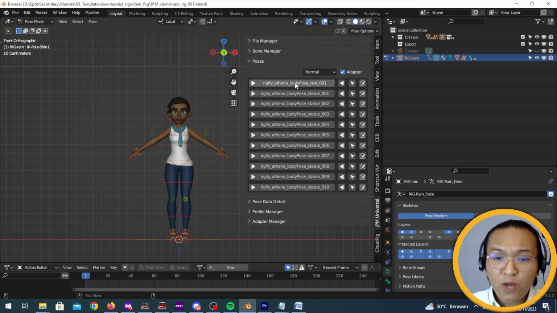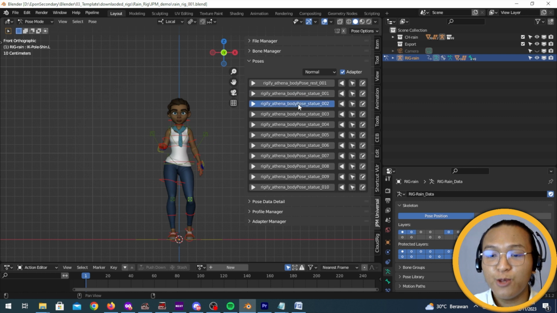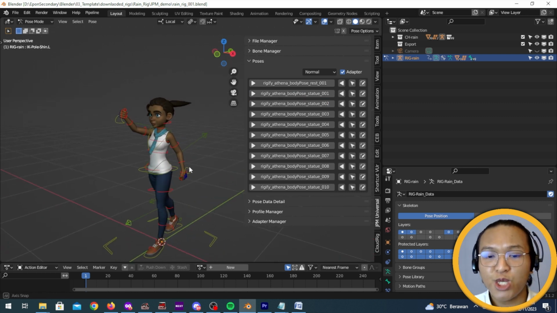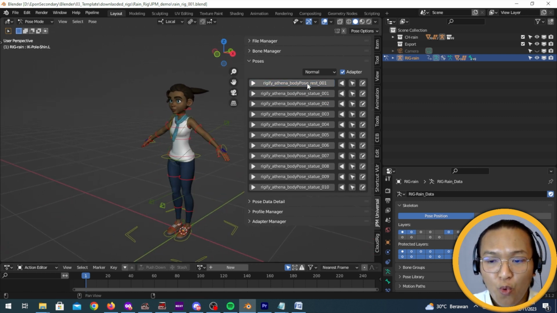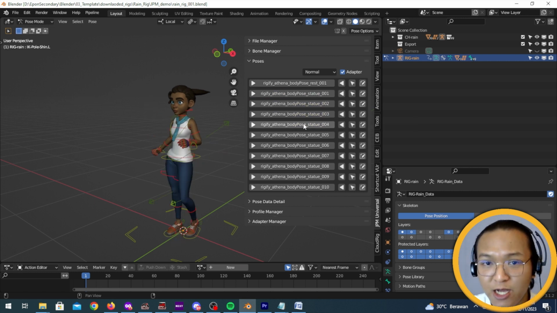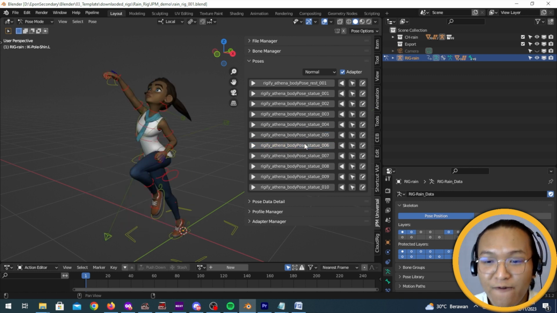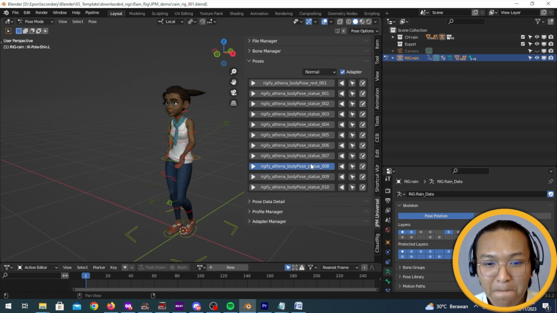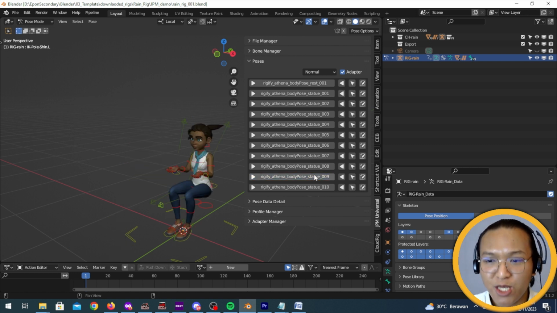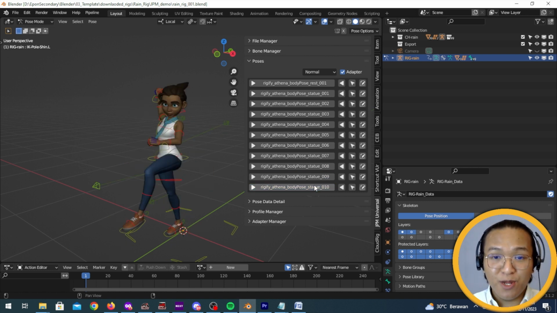So not only can we reuse those 10 poses for the same Athena rig, we can now reuse them in any rigs. I know that's a lot of stuff to process right now, but once you've done processing all that, you would be like, wow.